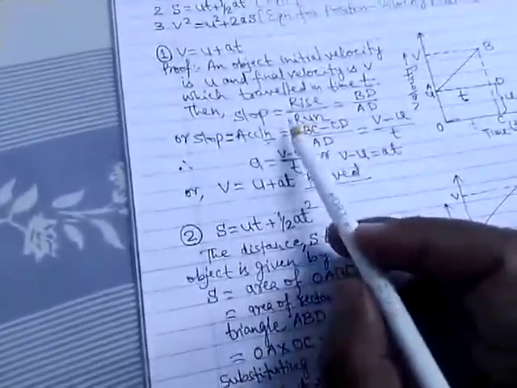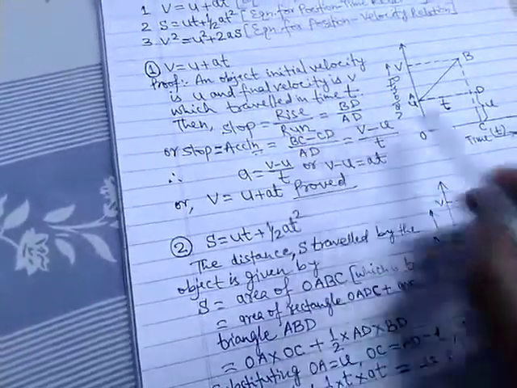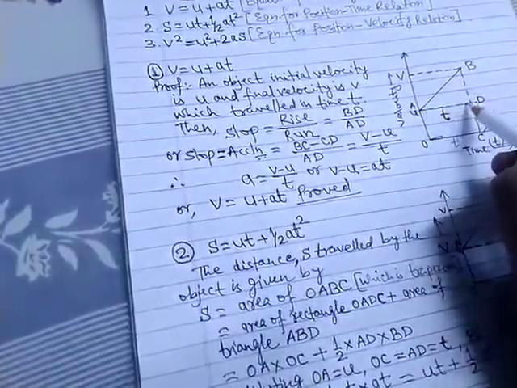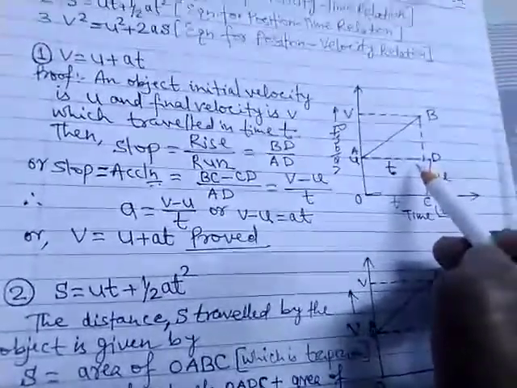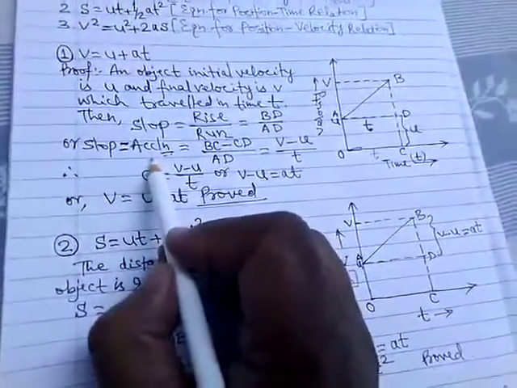So we know that in a graph, slope is equal to rise by run. This vertical line is called rise and this horizontal line is called run, and slope is called acceleration.